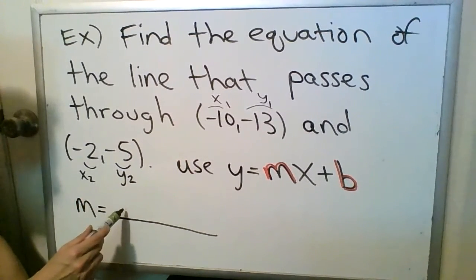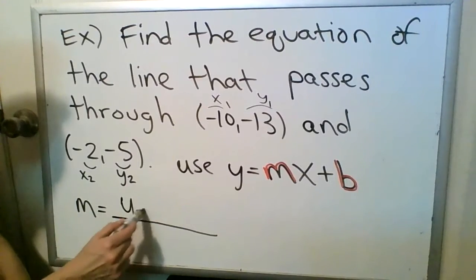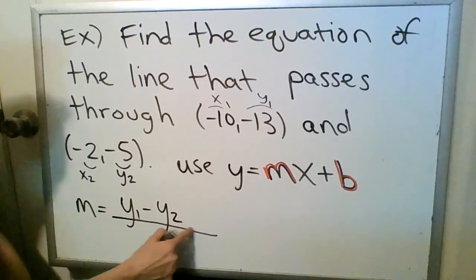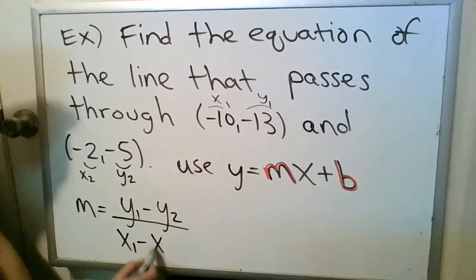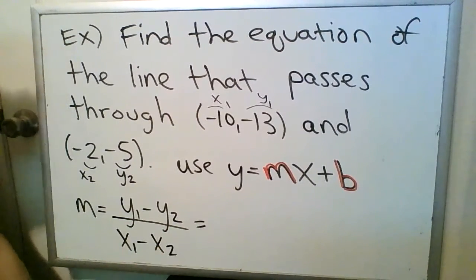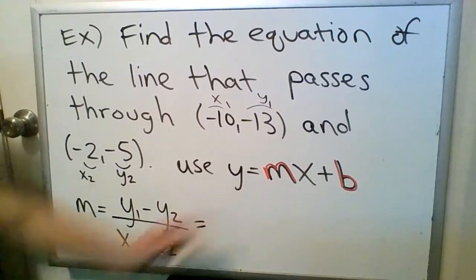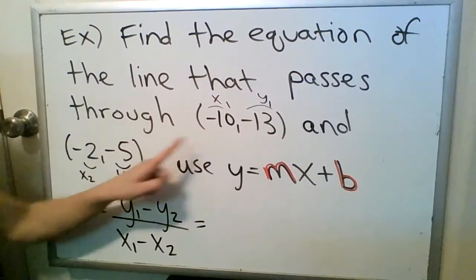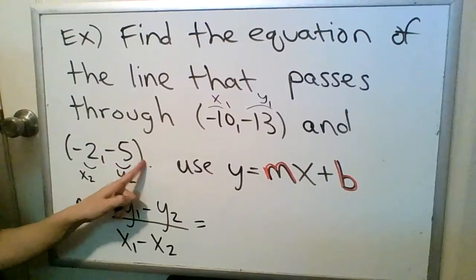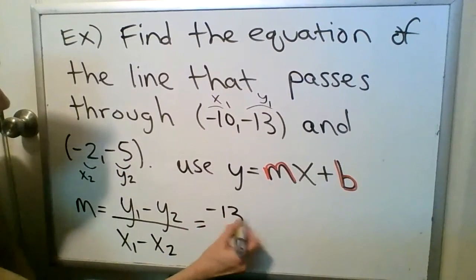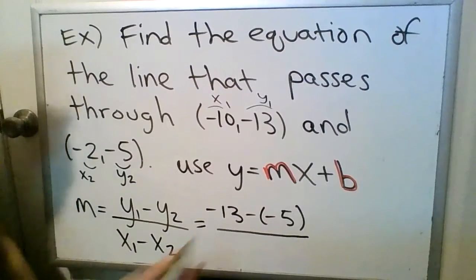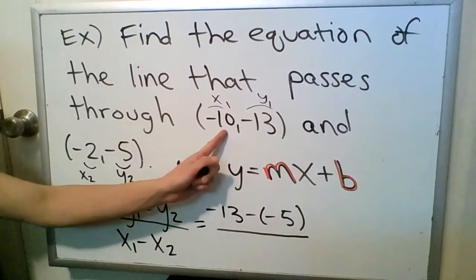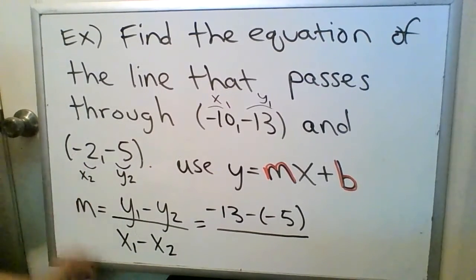So start with difference in y values, y1 minus y2. Divide by x1 minus x2. It's negative 13 minus negative 5, over negative 10 minus negative 2.